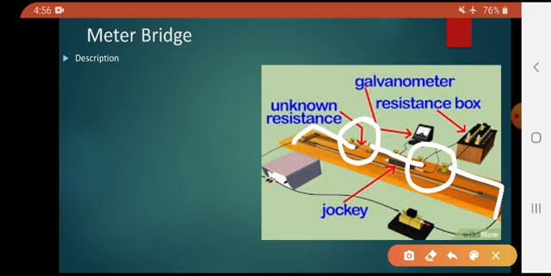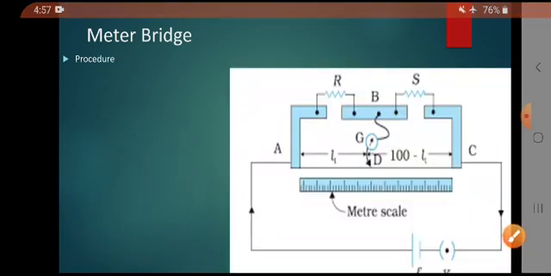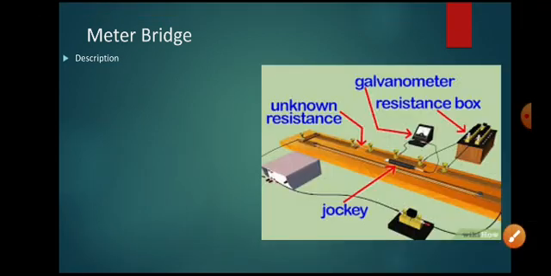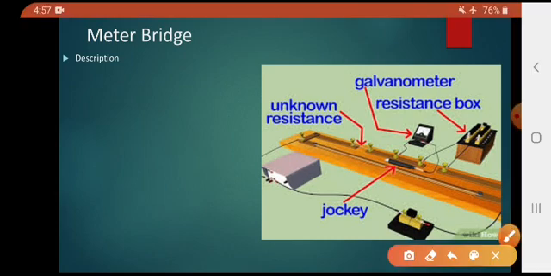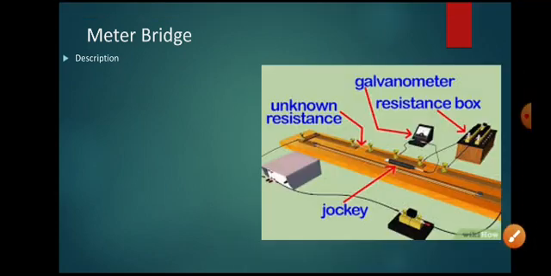In one gap, the known resistance, in the other gap the unknown resistance, and in the middle strip we connect a galvanometer with the help of a jockey, and two endpoints are connected to the battery.